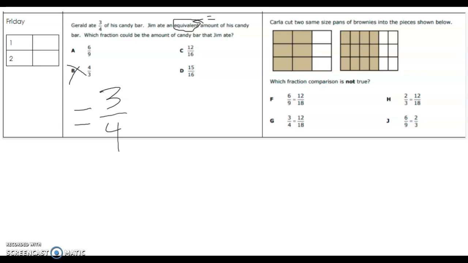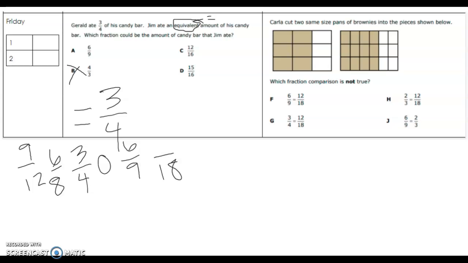So we could do 3/4 compared to 6/9. 4, 8, 12, 3, 6, 9, 9, 18, 27, 36, 6, 12, 18, 24.